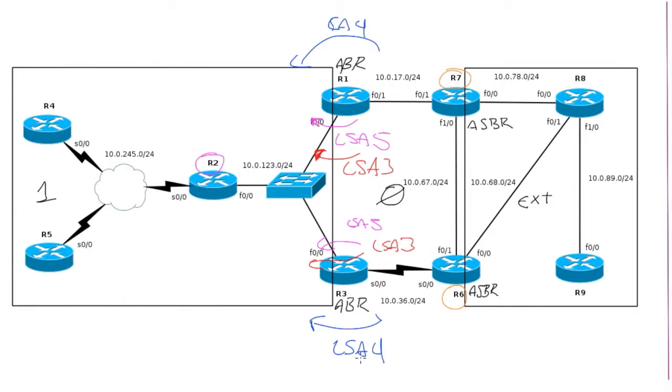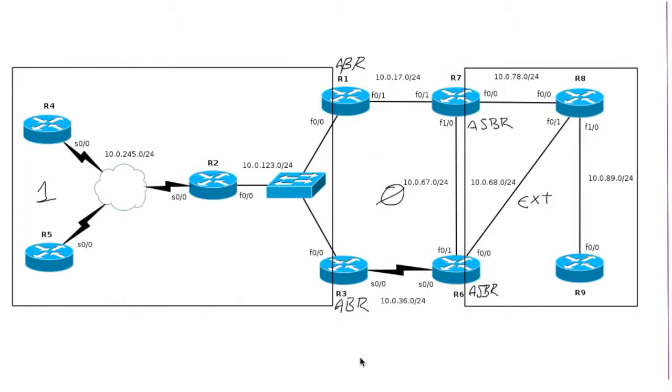So let's do some configuration here. Let's start with redistributing everything that's in that OSPF process 2 on router 7 and router 6, and it's going to be basically those subnets that we're seeing there to the far right.